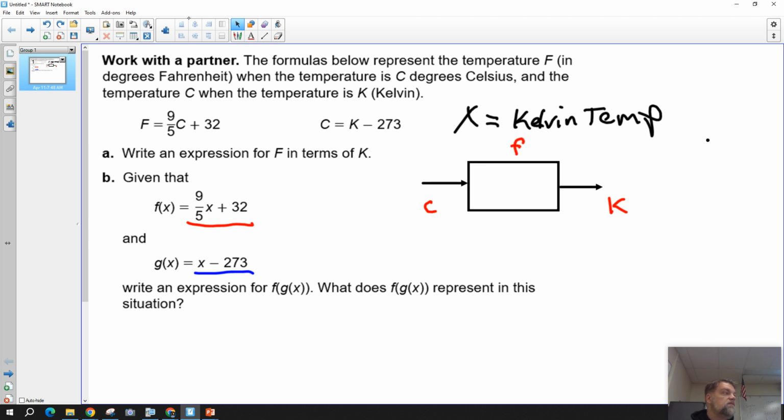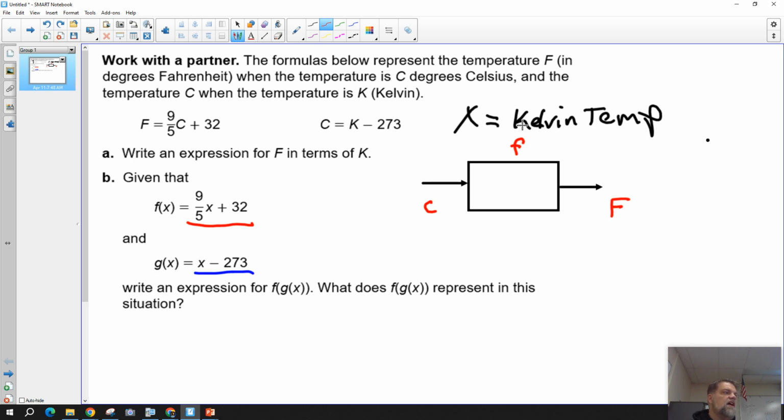Oh wait, I gotta correct something. I'm sorry, I wrote some things wrong. It doesn't want Kelvin. What it's going to do is it's going to take Celsius and convert it to Fahrenheit. And we'll use the capital letter F. All right.